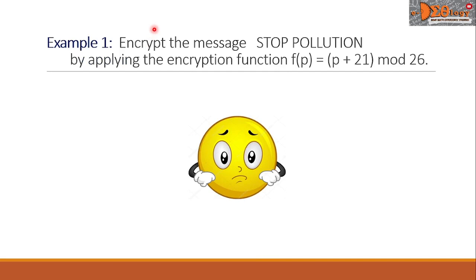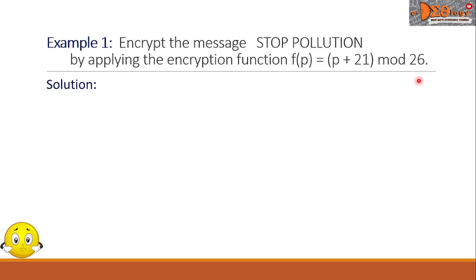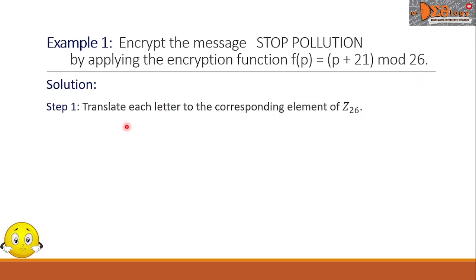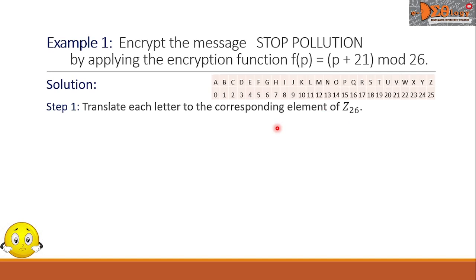Example 1. Encrypt the message "Stop pollution" by applying the encryption function f(p) = (p + 21) mod 26. For step 1, we're going to translate each letter to the corresponding element of Z sub 26. Let us show our alphanumeric table.